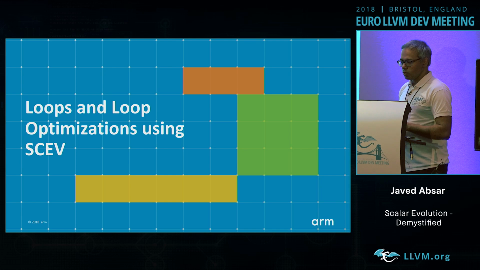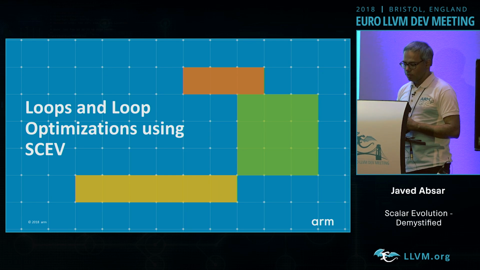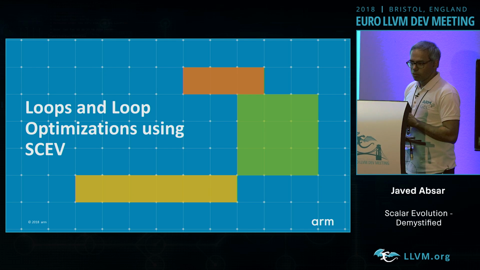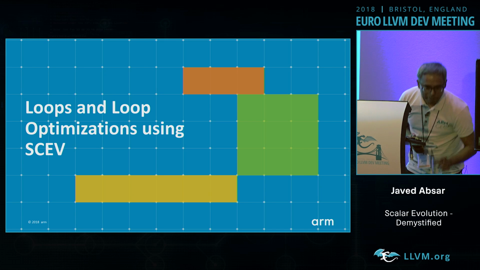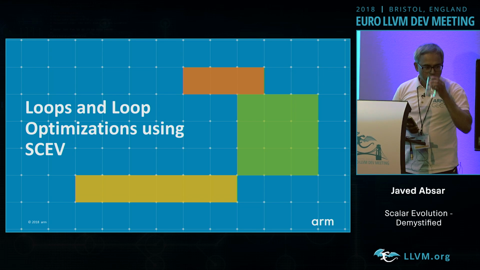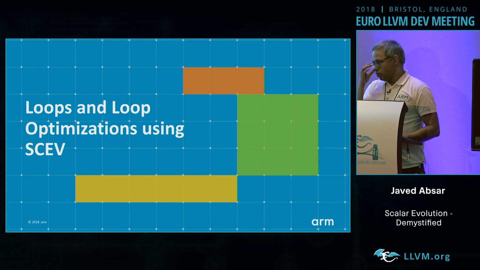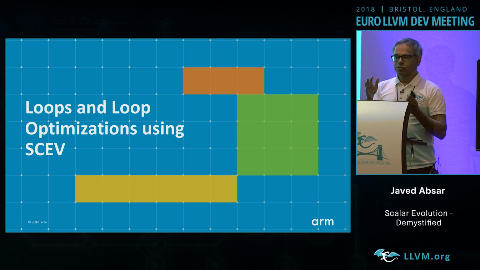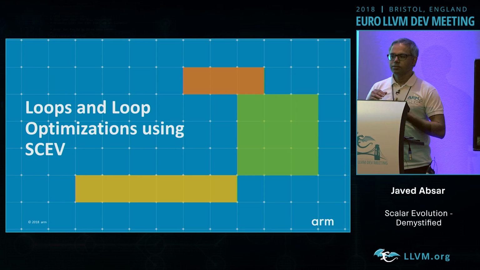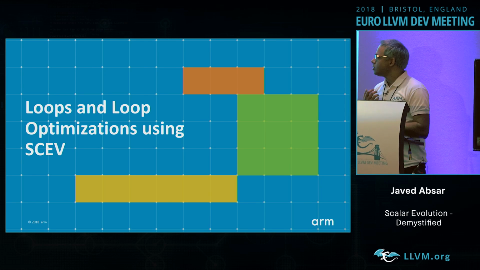Okay, so after quite a bit of SCEV basics and chain of recurrences, we're going to take a commercial break and talk about loops. Why do we want to talk about loops? Because a lot of passes that use SCEV restrict themselves to loops, because that's where they can operate and make an impact.